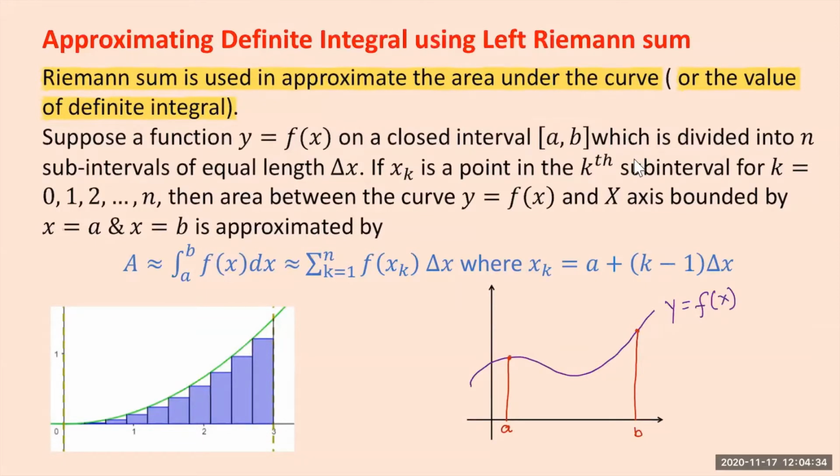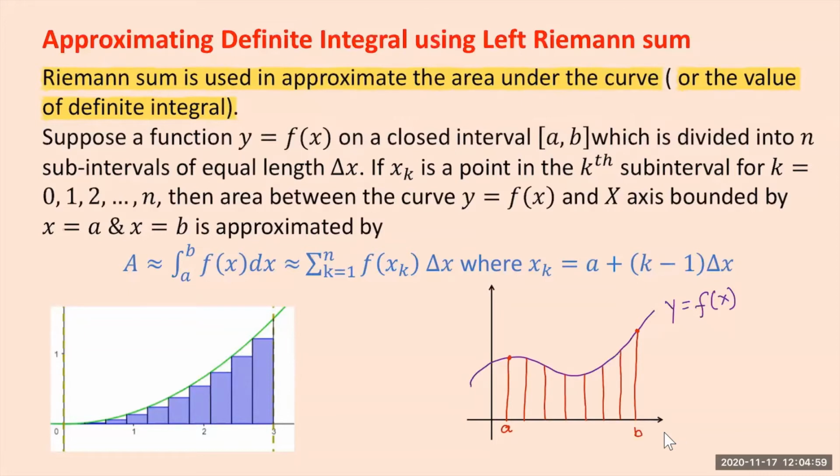And then this is divided into n subintervals of equal length delta x. So what we are doing is this interval from a through b is divided into little subintervals, and there are n subintervals. So that is the first one, second, third, fourth, fifth, sixth, and so on.